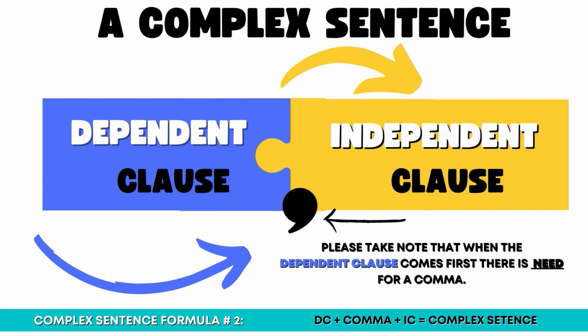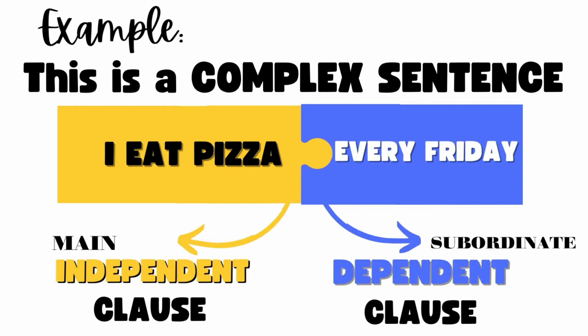For example, I eat pizza every Friday. You have your main independent clause, and we attach the dependent clause every Friday. And because my independent clause came first, I don't need a comma. So this sentence is complete.